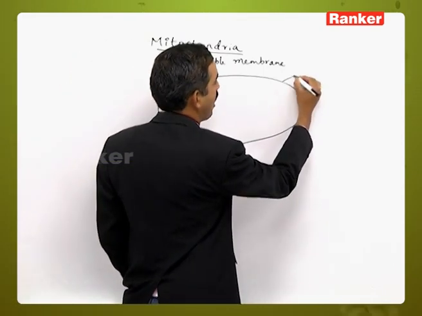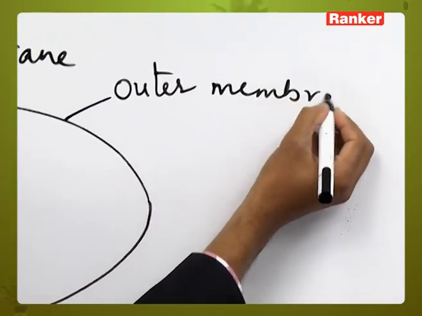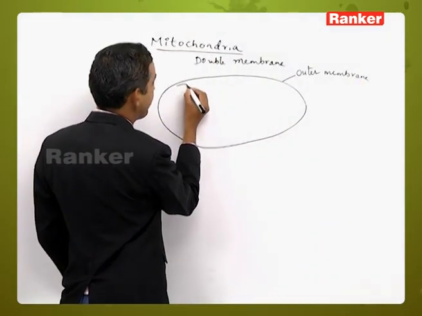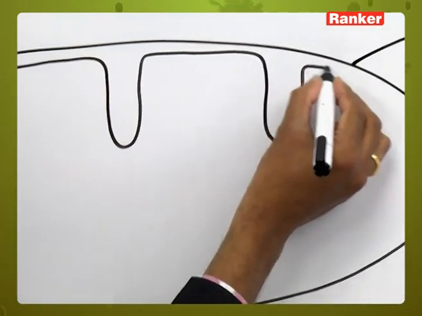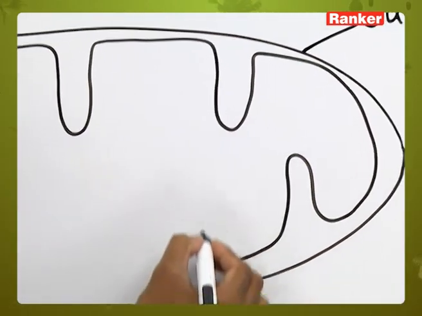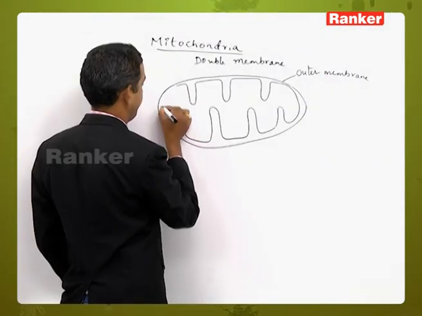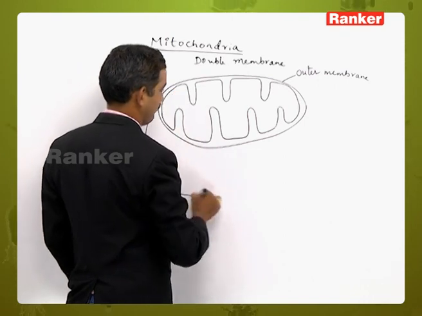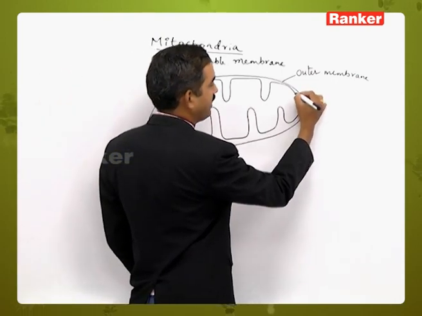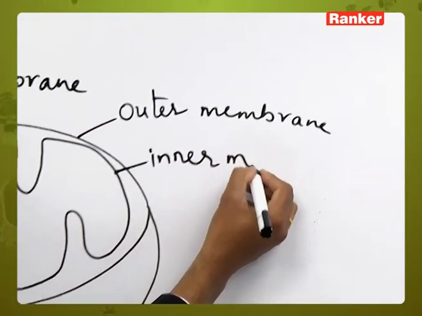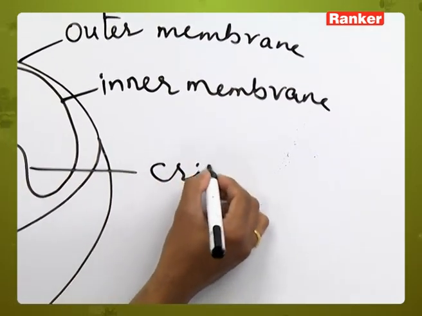This is called the outer unit membrane or outer mitochondrial membrane, whereas the inner membrane shows foldings towards the inner side. These inner foldings are called cristae. Likewise, this is the inner membrane, and the inner foldings are called cristae.